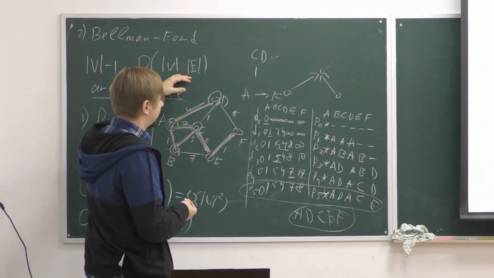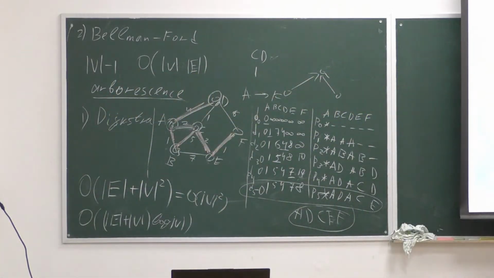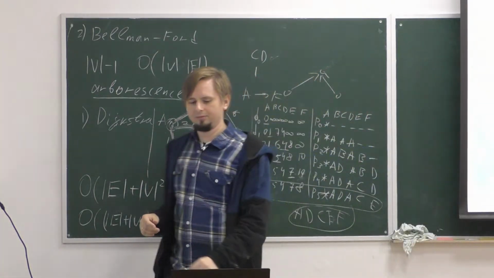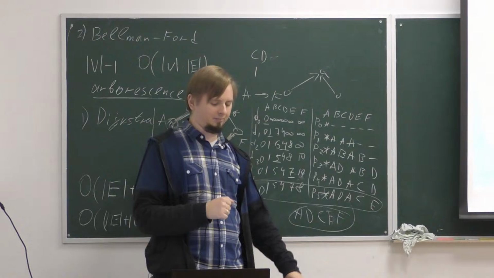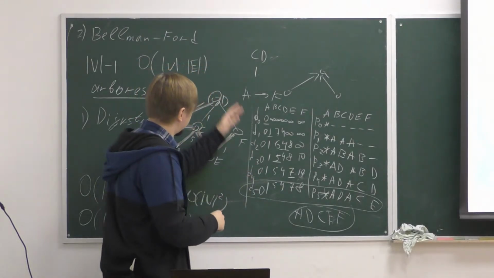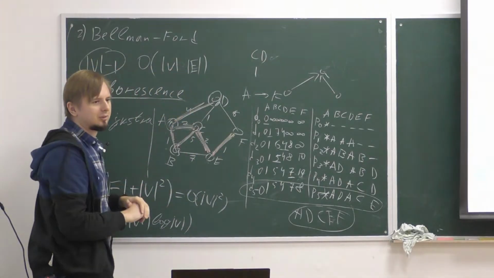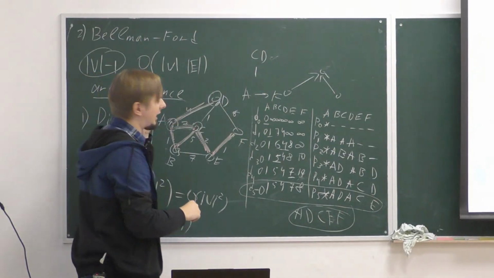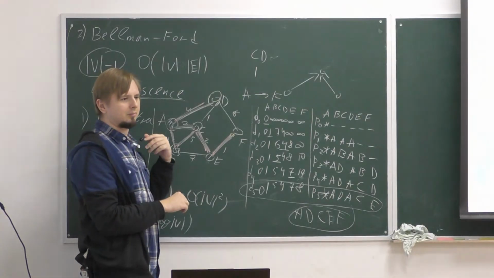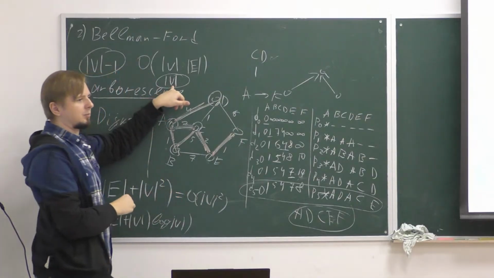So we have more complexity, but if we have more complexity, maybe Bellman-Ford gives us something in addition. Let's do the Bellman-Ford algorithm for v minus 1 steps, and after that do one additional step, so we do this algorithm for v steps.